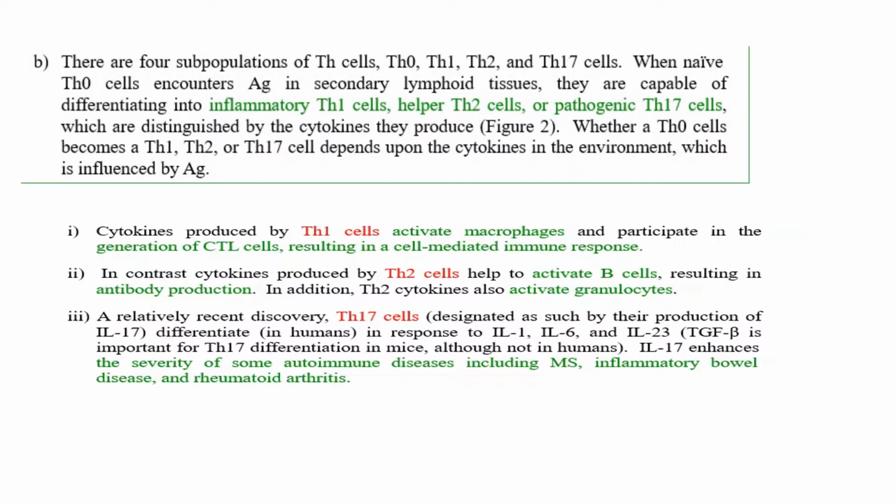There are 4 types of subpopulation of T helper cells: the naive T cells, or we call them T helper 0, T helper 1, T helper 2, and T helper 17s.